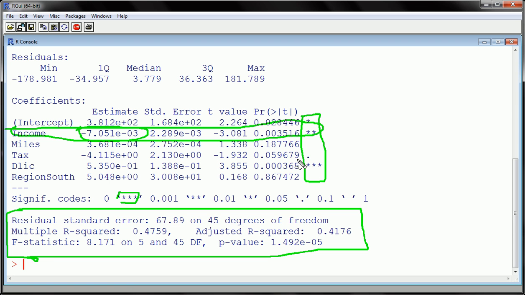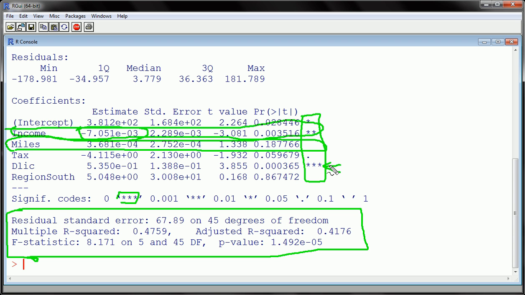Whereas this slope over here has no stars, so miles of highway in a state seems not to have much of a significant impact on the fuel consumption in a state. So more stars indicate a higher level of significance. And when I say higher level of significance, we're saying that the slope is significantly different than 0.